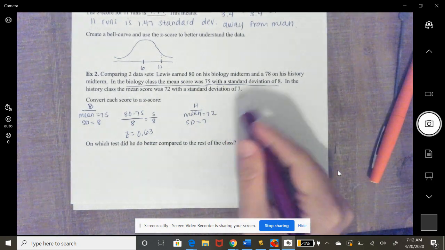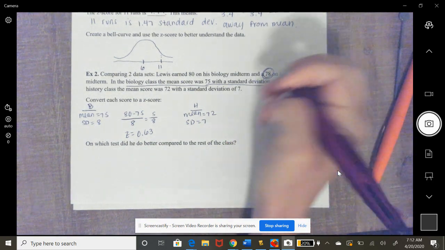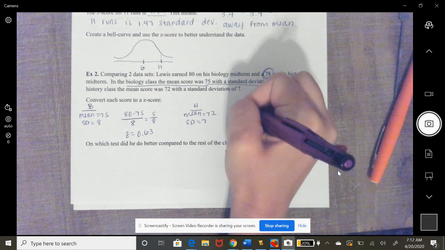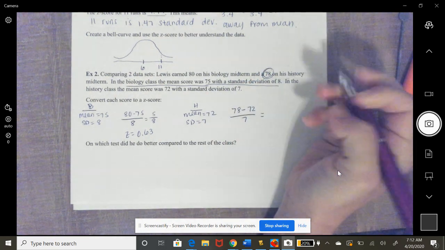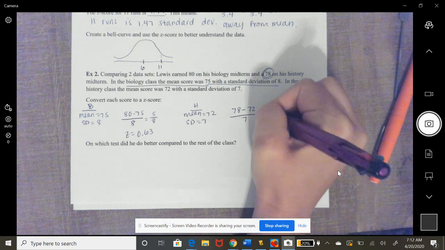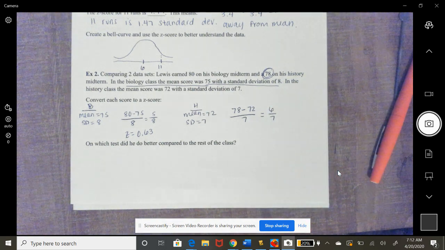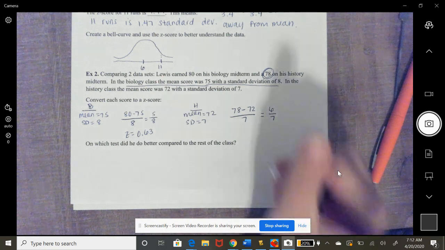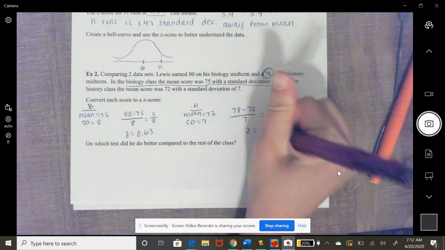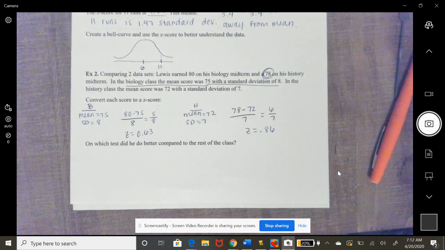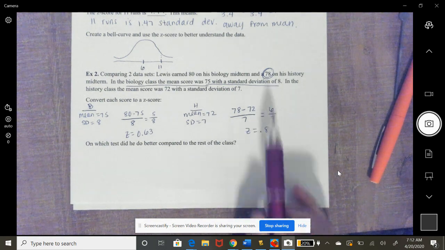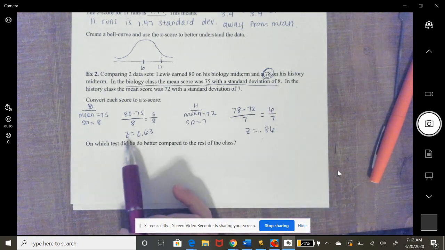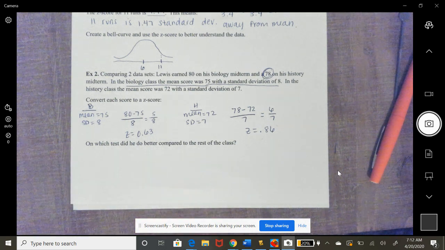Okay, we ran that. And then for history, he made a 78. So that's my data point. So I'm going to do 78 minus 72 and then divide that by 7. So 6 divided by 7. So that's 0.86. Okay, so even though his score was lower on the history exam, this z-score is bigger than this z-score.